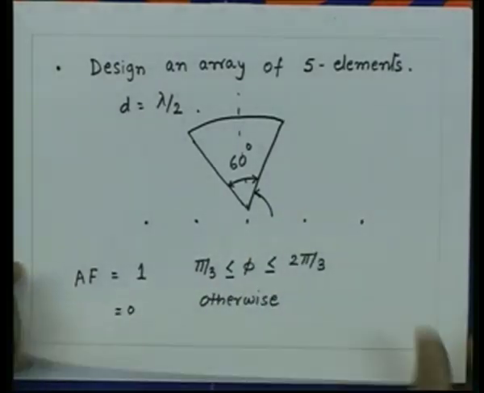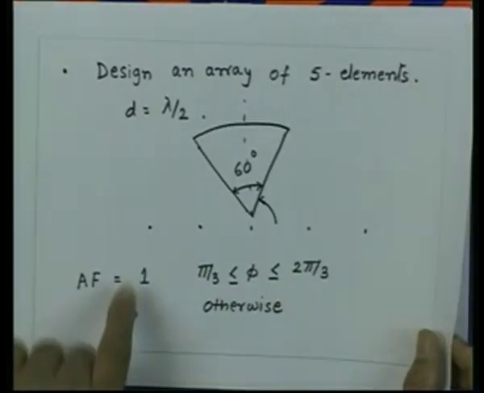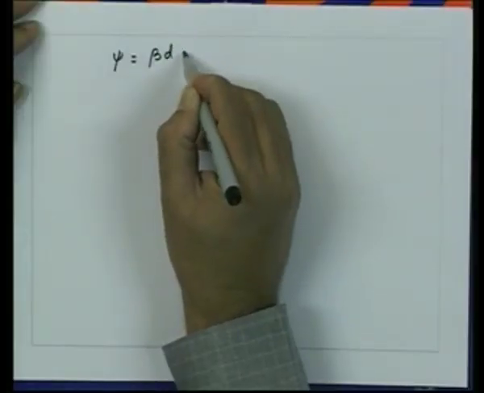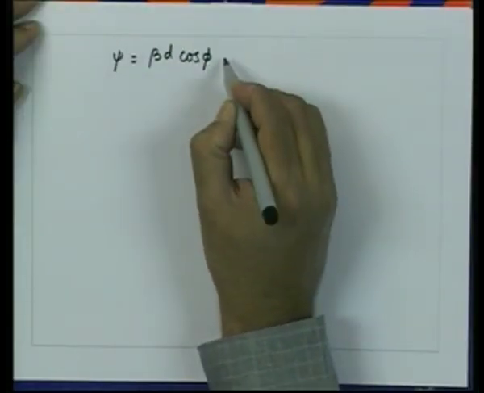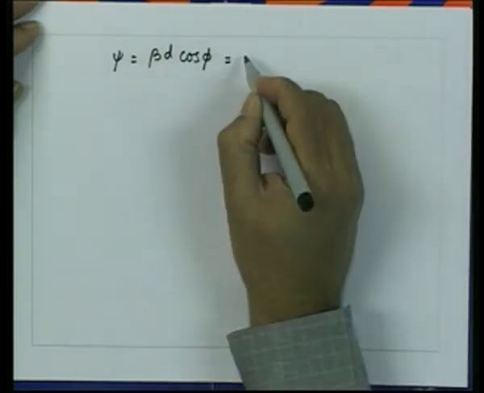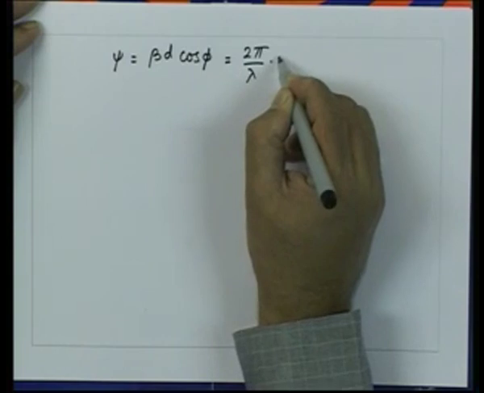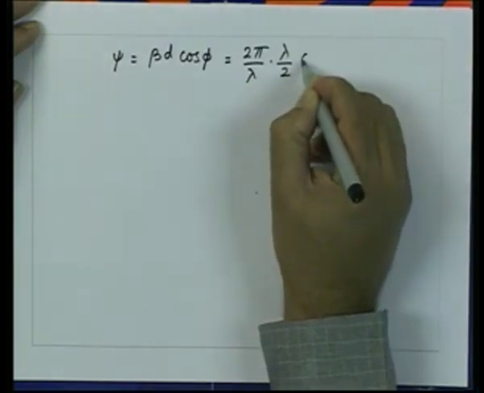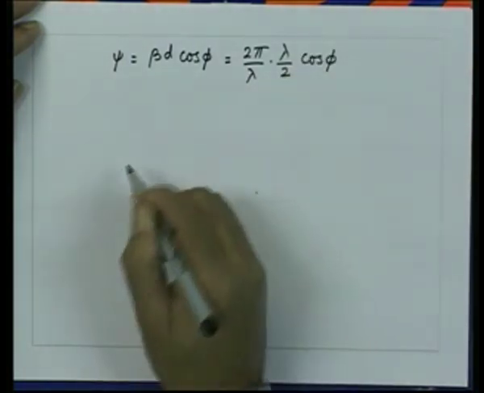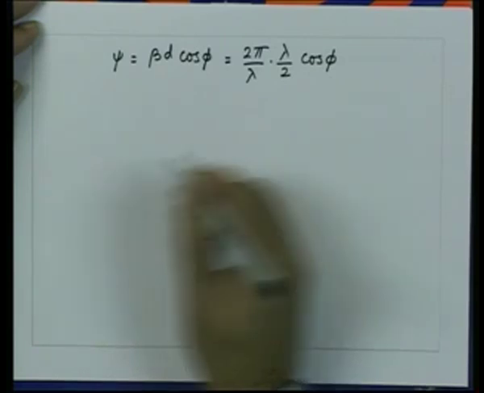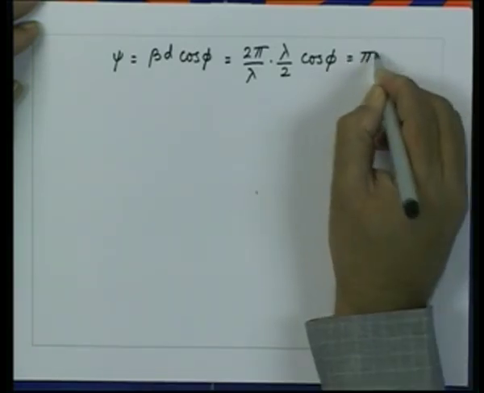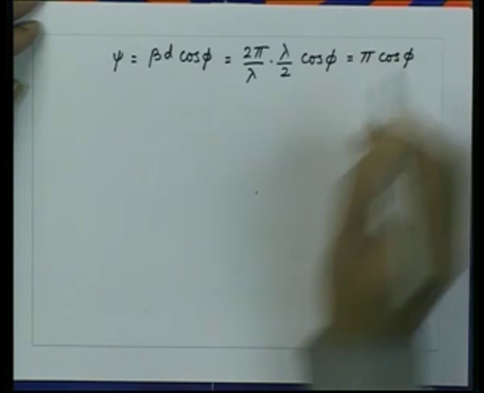Now, as we have seen earlier, first we have to find the radiation pattern in the psi domain. So psi will be beta d cosine of phi, and since we are taking d as lambda by 2, this is 2 pi divided by lambda into lambda by 2 cosine of phi, which is pi cosine of phi.